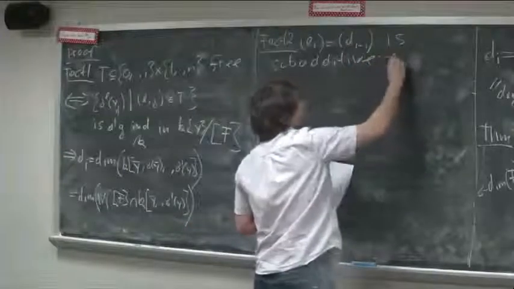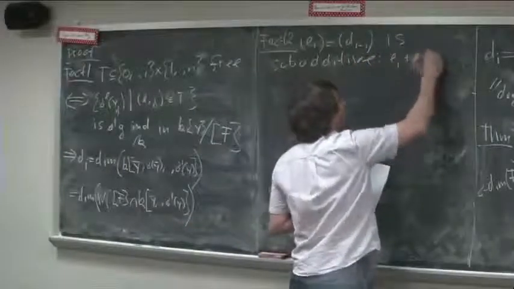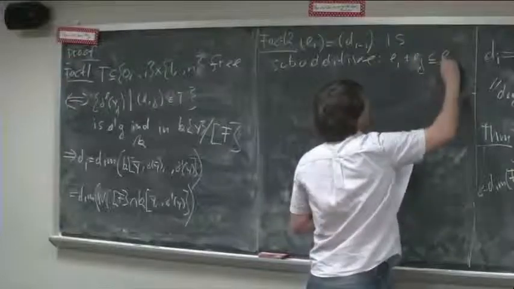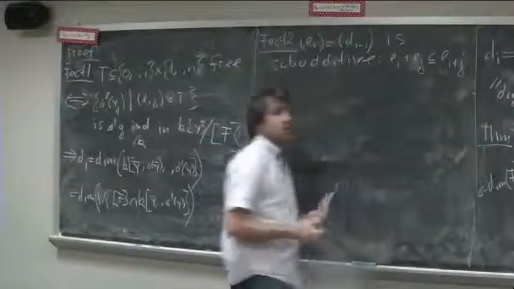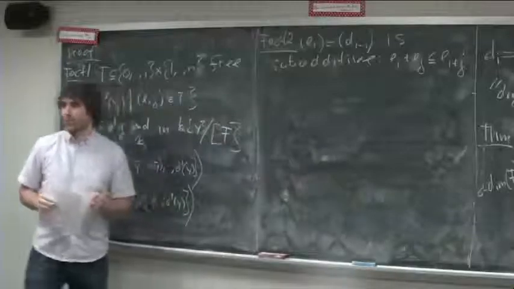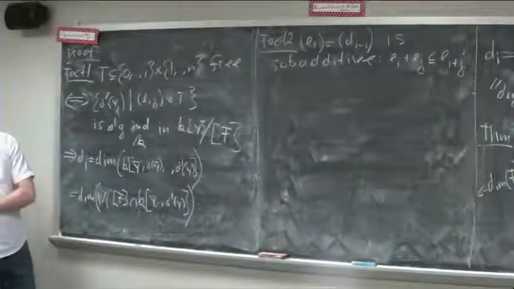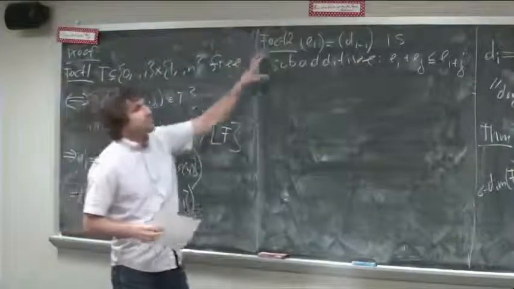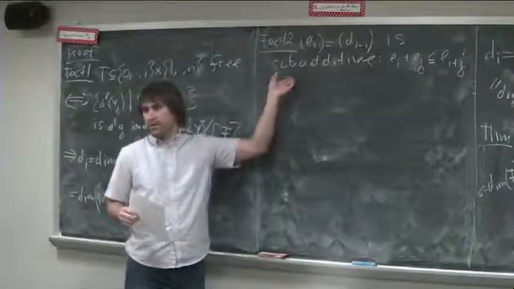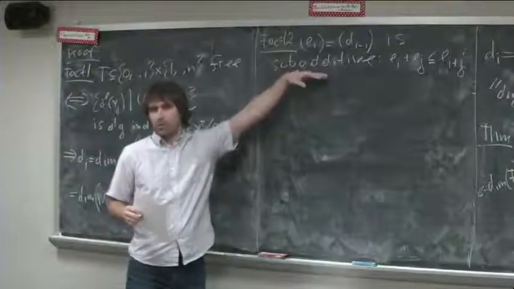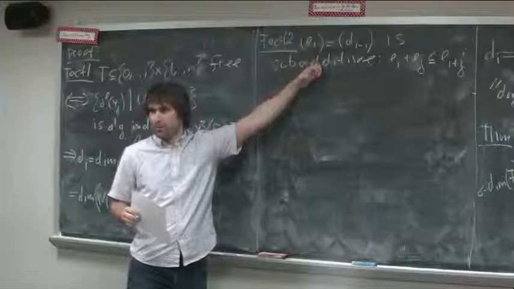And this means that EI plus EJ is less than or equal to EI plus J. It has a fairly elementary proof, but I'm not going to go into that right now.